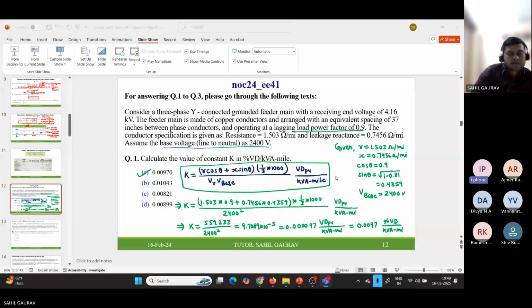It depends upon resistance, inductance, power factor and voltage. R and X depend upon the material of the conductor, and power factor depends upon the type of load and voltage only. There is no relation with the magnitude of current. Okay. Thank you.